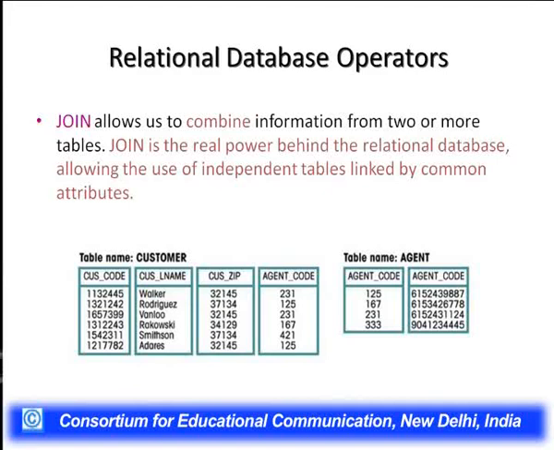We have seen that the tables in a relational database have a common attribute, that is, the primary key in one table is present in the form of the foreign key in the other table. So, where there is a common attribute between two or more tables, you can easily combine the data of the tables by using the join operator.